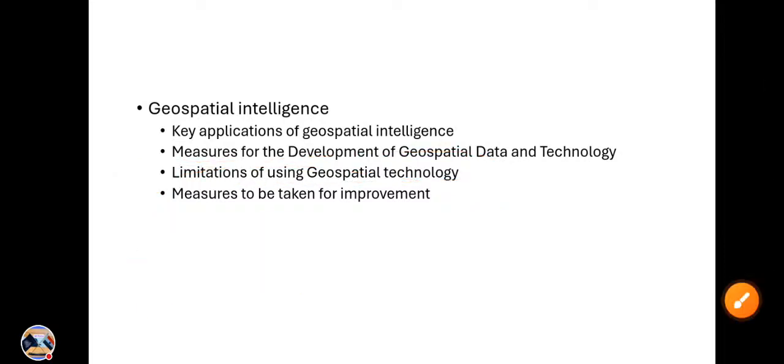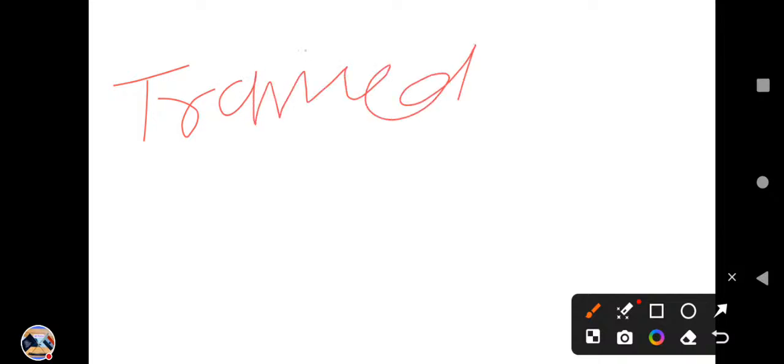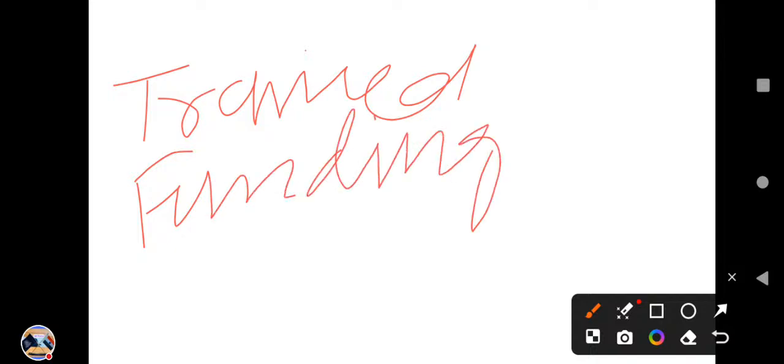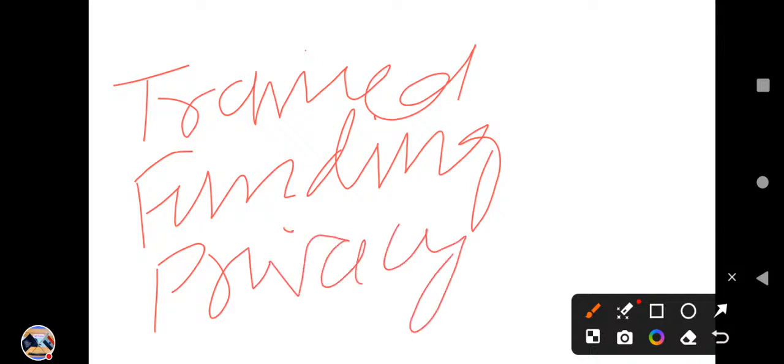These are the two to three measures we can include: a trained and dedicated team, funding, and next is privacy, which needs to be considered while using geospatial data.